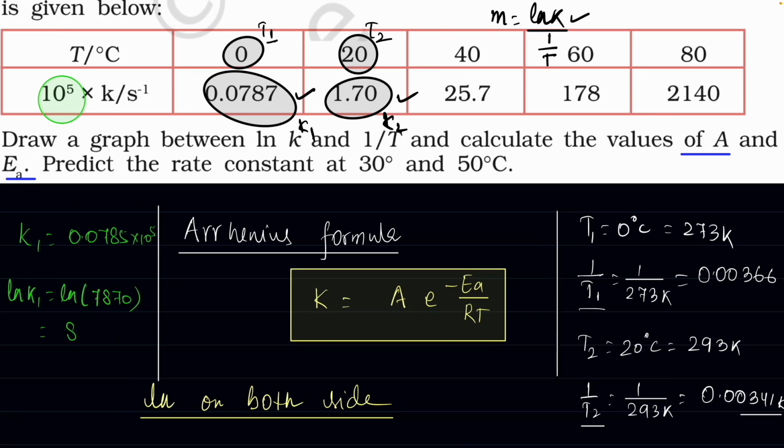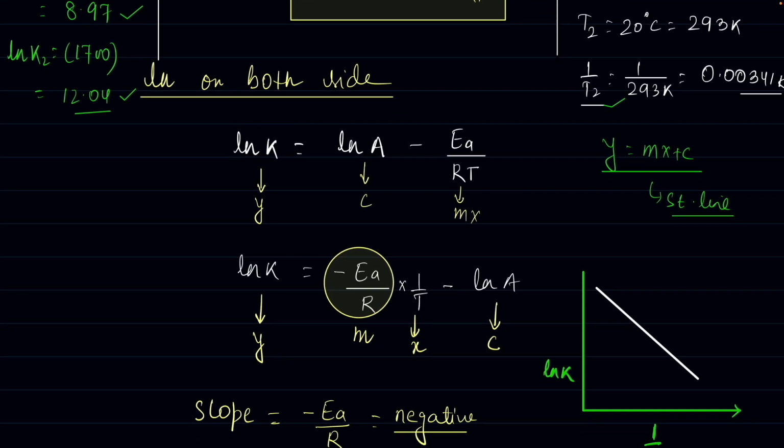It is equal to 8.97. Similarly, ln k2 will be equal to ln of 1700, and its value is 12.04. So now we got the value of ln k1 and ln k2. Similarly, 1/T1 and 1/T2. Now we have to find the slope.